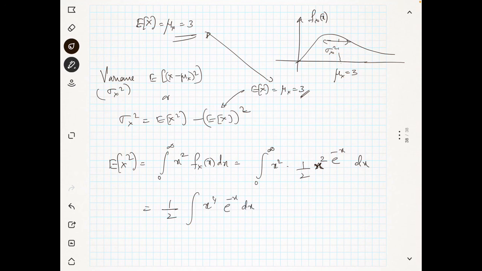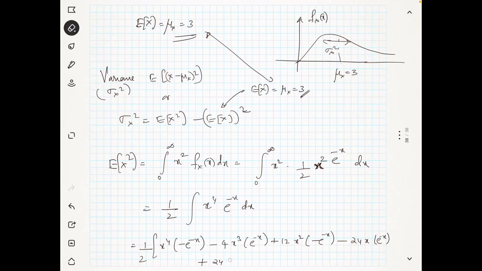Okay, so if you integrate this, you will get it as 1 by 2 into x raised to 4 into minus e power minus x, okay, minus 4 into x cube into e power minus x plus 12 into x square into minus e power minus x, okay, minus 24 into x into e power minus x, okay, then plus 24 into minus of e power minus x, okay, and it varies from 0 to infinity, and you will get it as 12.